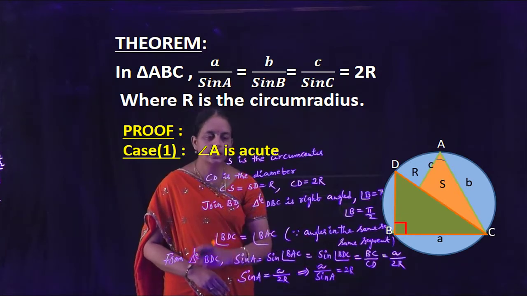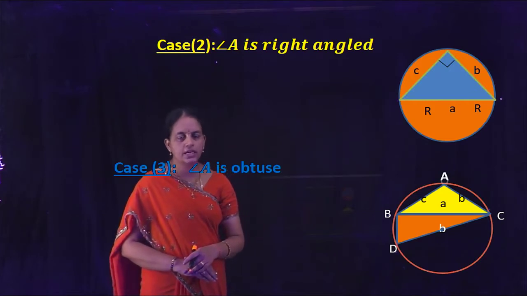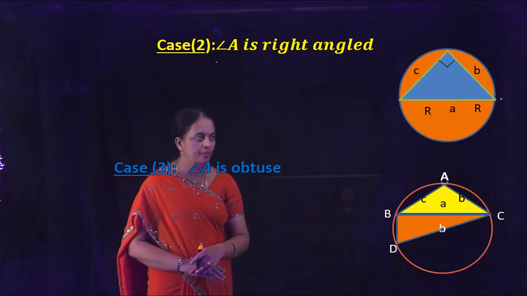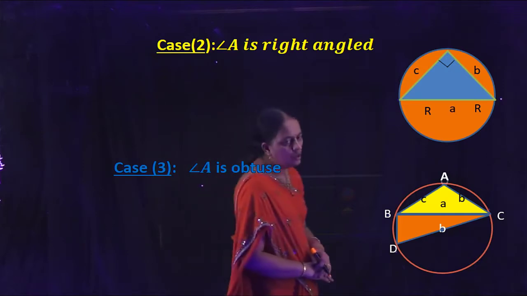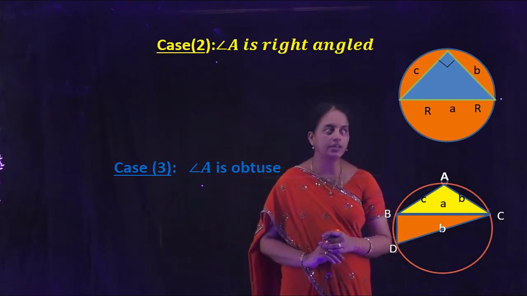Hence we get sin A equal to a by 2R. Therefore, a by sin A is equal to 2R. Next, we will prove the second case, that is angle A is a right angle. Consider a right angle triangle. Already we know that in a right angle triangle, the circumcenter lies on the triangle.